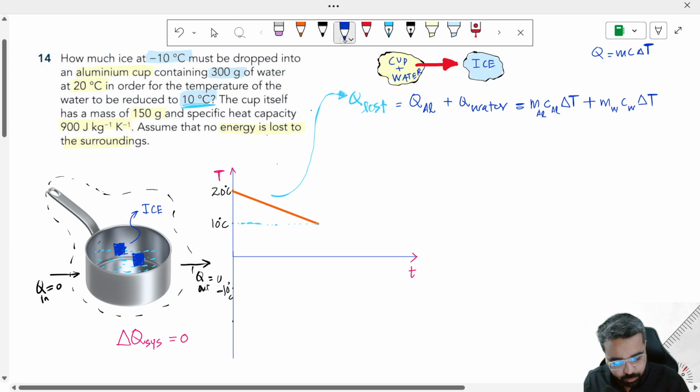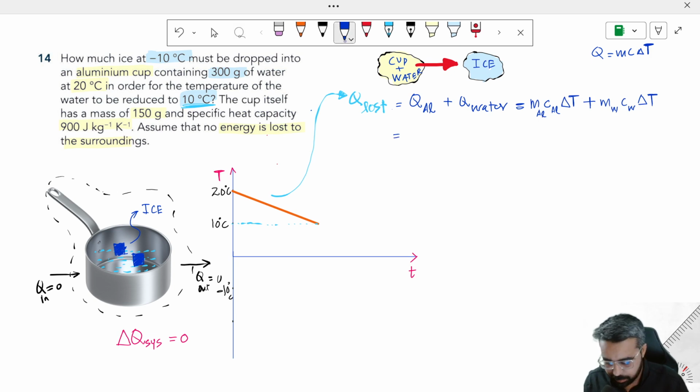Okay, students, so let's put in the values. The mass of aluminium is 150 grams, which is 0.150 kilograms, times specific heat capacity, 900 joules per kilogram per Kelvin, times the change in temperature: final temperature 10 minus initial temperature 20, or if you are finding the magnitude, then it can be only 20 minus 10.